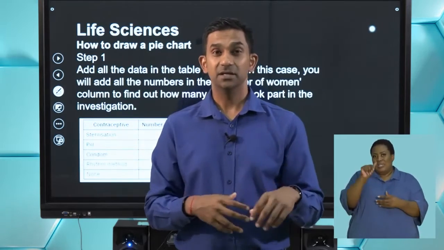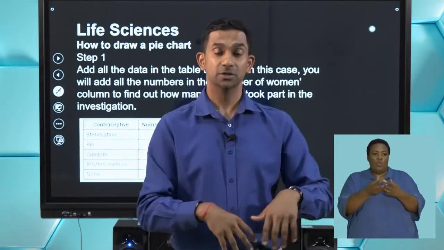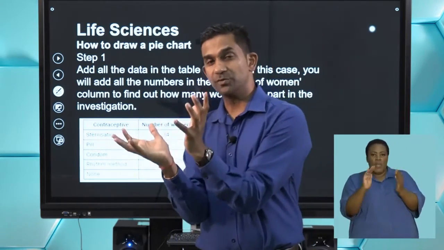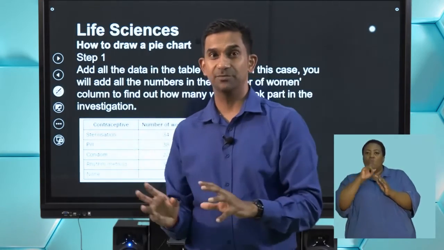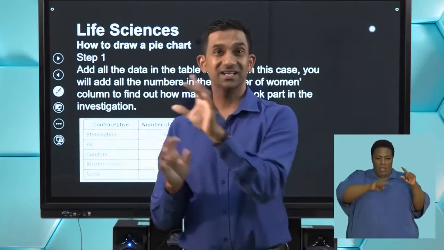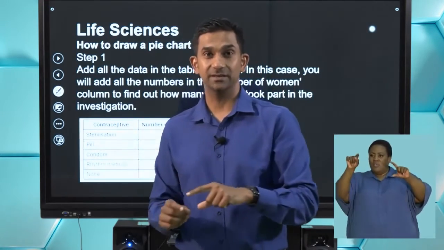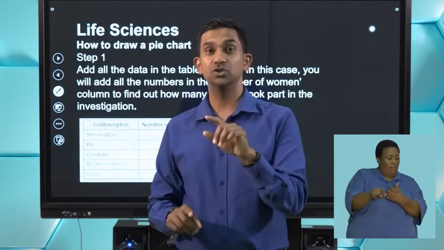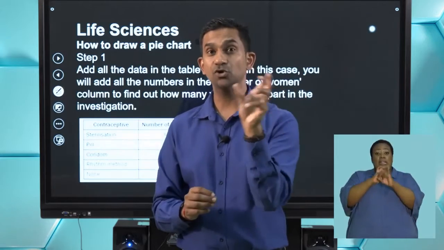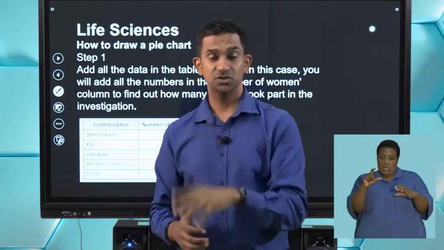By that I mean if you're looking at a set of information that's not related, such as the number of people that use a typical type of phone compared to another group of individuals that use a different type of phone. We want to look at the proportion of individuals using different types of phones, so the one group is not related to the other. And so we illustrate that using a chart that can clearly illustrate the proportions of one group to another, or one set of data to another.